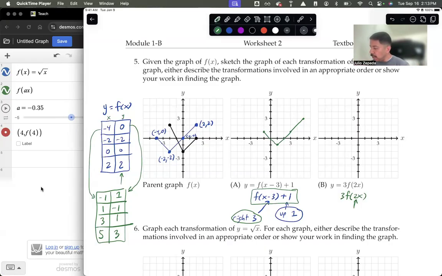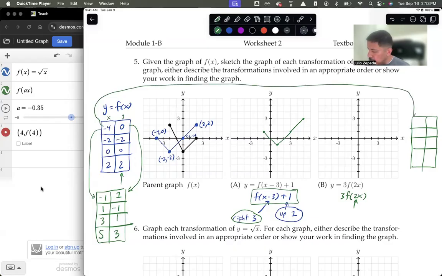So I'm going to take all of the x values from the original graph and divide them by 2. So here I'm going to just put an arrow to show I'm dividing this number by 2. So -4 divided by 2 is -2. -2 divided by 2 is -1. 0 divided by 2 is 0. And 2 divided by 2 is 1.